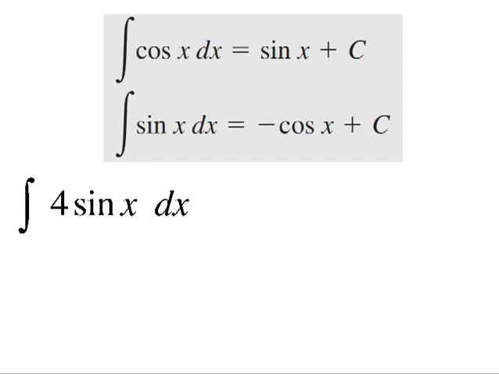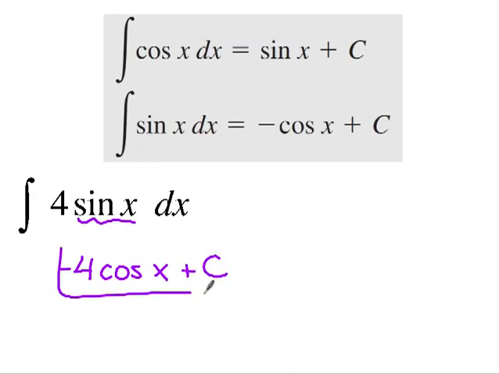Just for kicks, what do you think the integral of 4 sine x will be? The integral of sine is negative cosine, so all it's going to be is negative 4 cosine x plus c. That's it. There's nothing else you need to do.